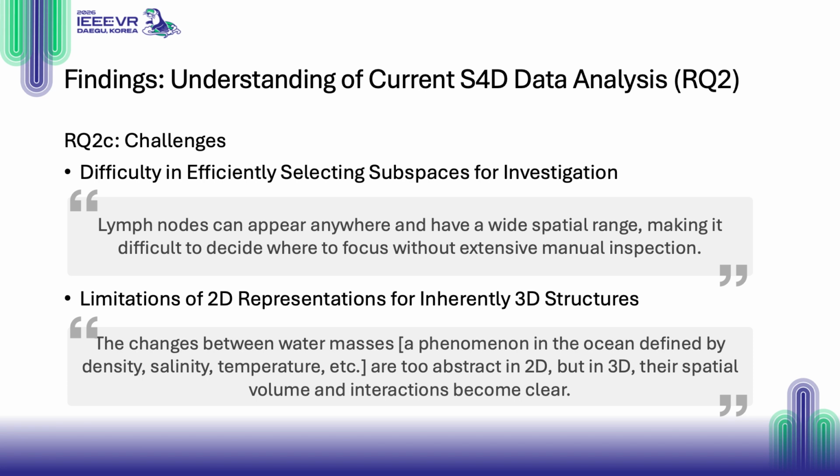For example, in ocean science, researchers are interested in phenomena like water masses, defined by density, salinity, and temperature. The changes between water masses are abstract in 2D, but in 3D, their spatial volume and interactions become clear.